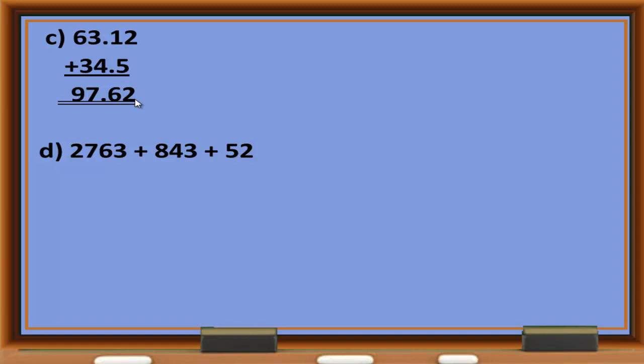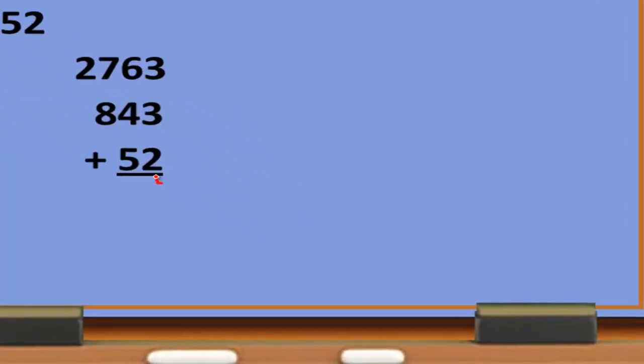D. 2763 plus 8143 plus 52. Let us use the vertical method since it is a short method. 3 plus 3 is 6, plus 2 is 8. We write here 8. 6 plus 4 is 10, plus 5 is 15.